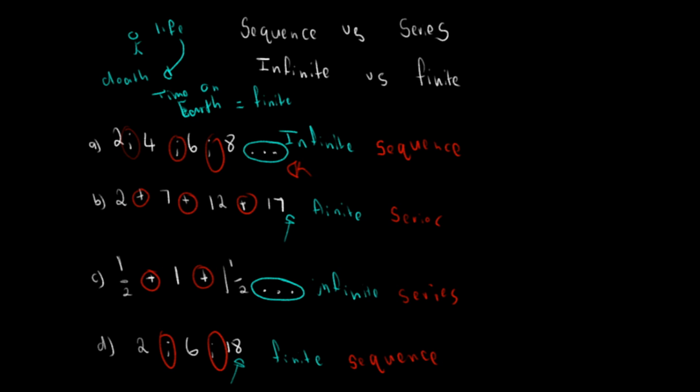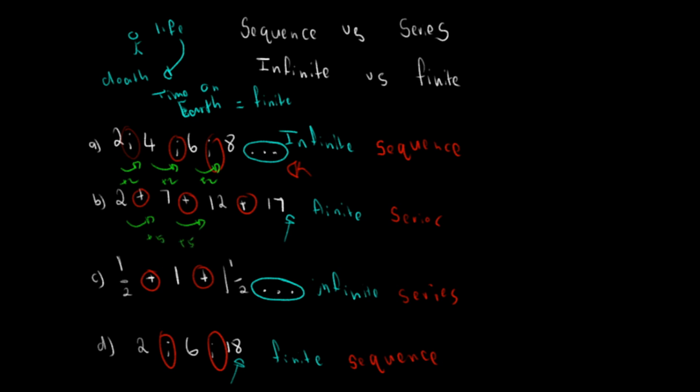Okay, and then there's one more thing we can do, which is determine which type of sequence or series it is. We can see an addition of 2, addition of 2, addition of 2, so we know it's an arithmetic sequence. So infinite arithmetic sequence. Here we have an addition of 5, so plus 5.